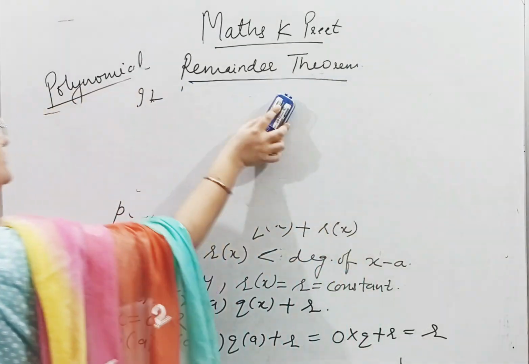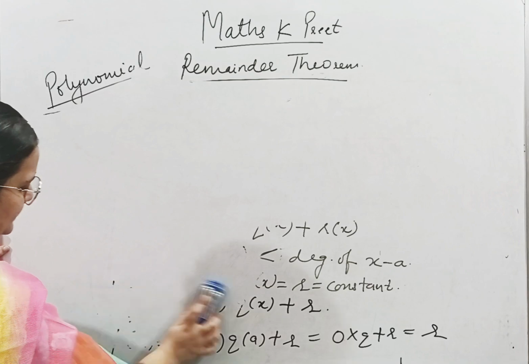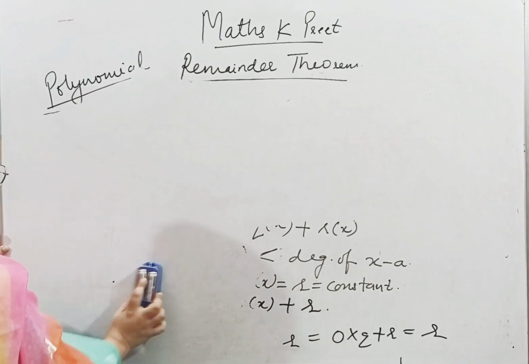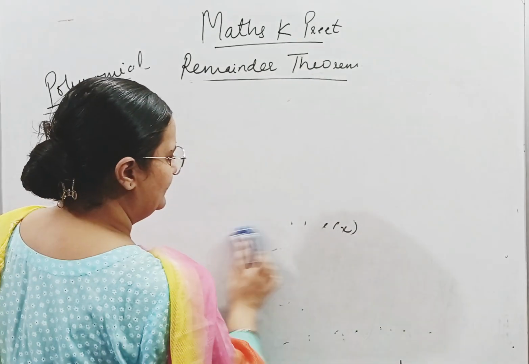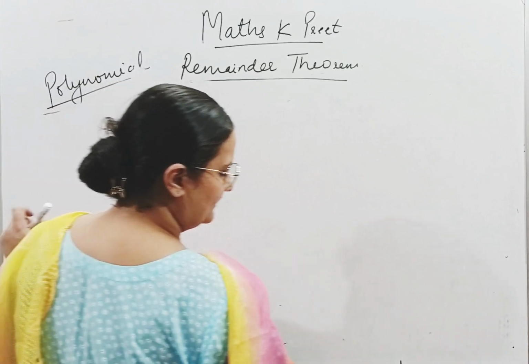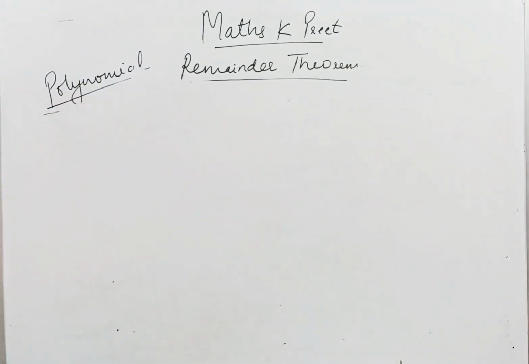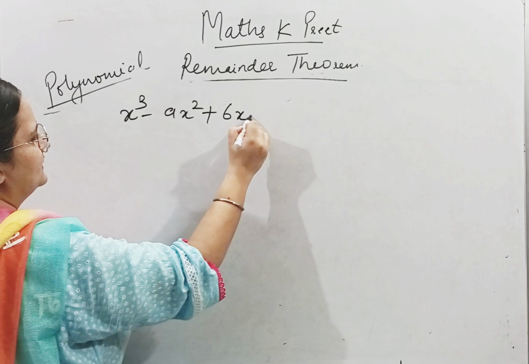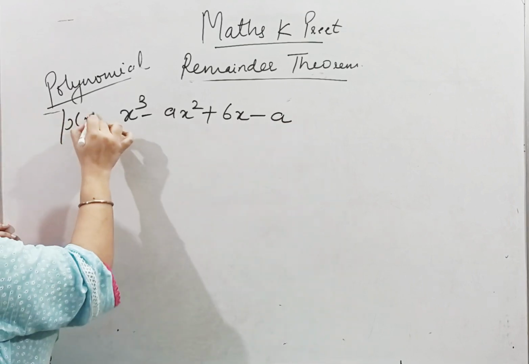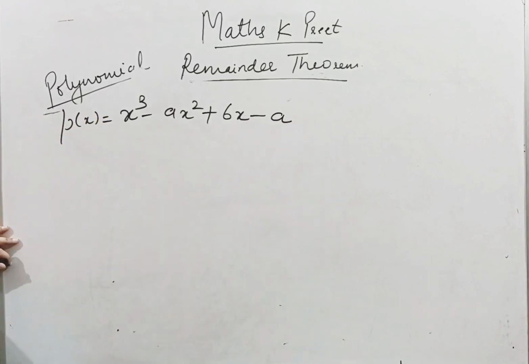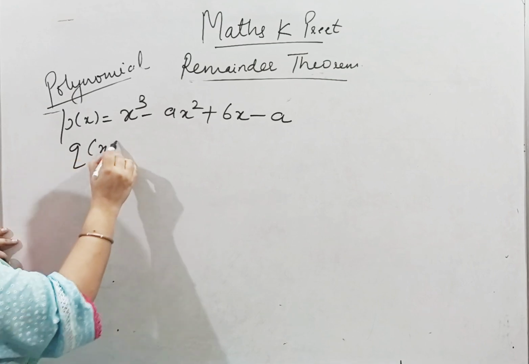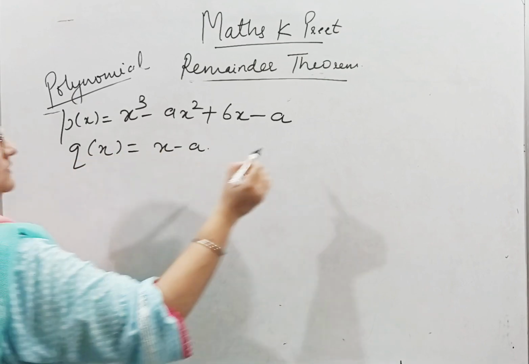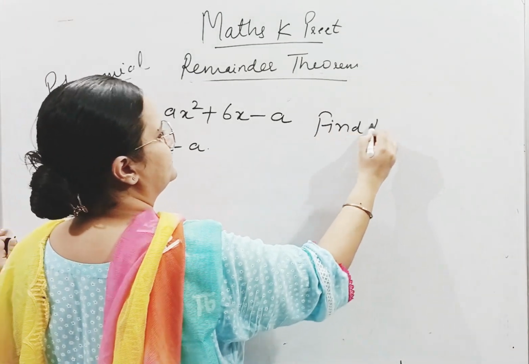So if we have two polynomials that satisfy the conditions that the dividend's degree is greater than or equal to 1 and the divisor is linear, we can directly write the remainder. For example, if I have this polynomial x cube minus a x square plus 6x minus a as our p(x) and g(x) is x minus a, we have to find the remainder.